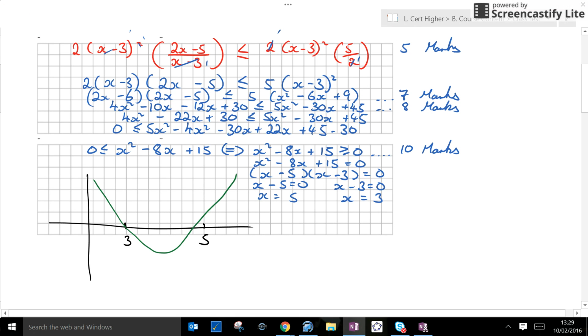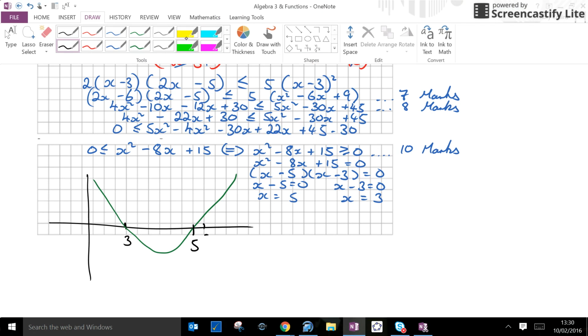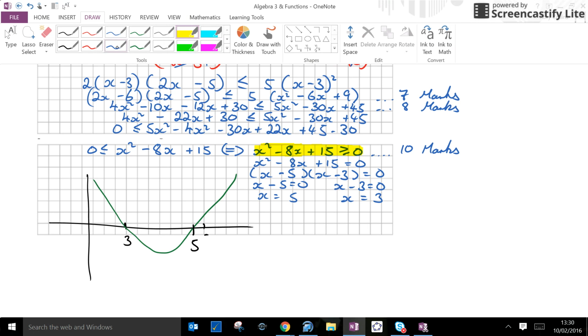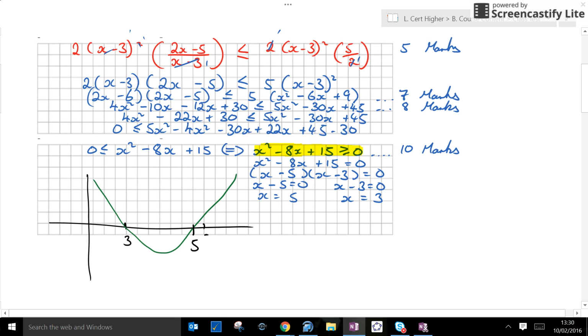Okay, now I'll just fix that up, 5 should be where it crosses the axis. Okay, so now I look at my quadratic here, x squared minus 8x plus 15 greater than or equal to 0. I want to know where the function is greater than or equal to 0. Well, along the x-axis, the function is 0.